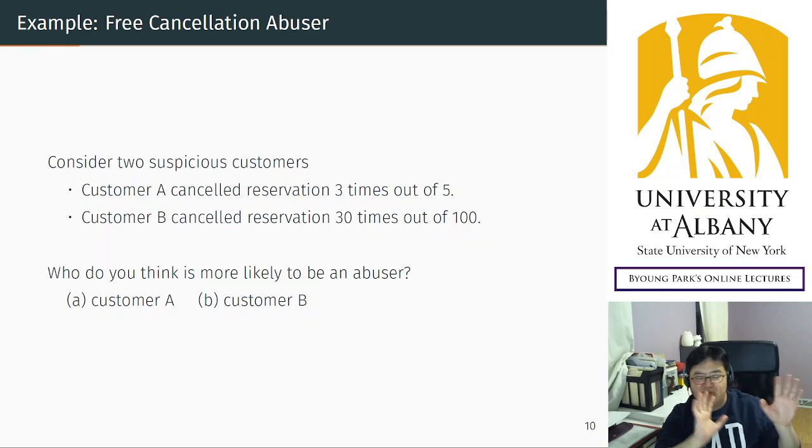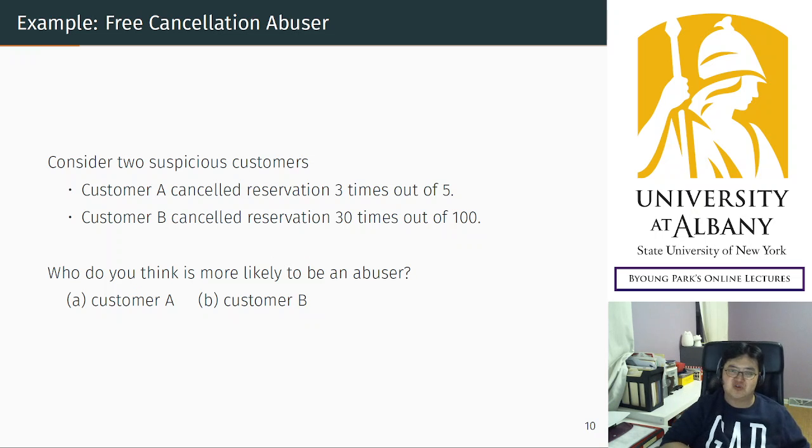There are two different customer records, and between those two, who do you think is more likely to be an abuser? Who is more suspicious? Guess. At first glance, customer A canceled 60% of the reservations, 3 out of 5, and customer B canceled 30%.